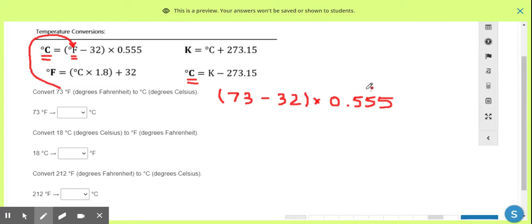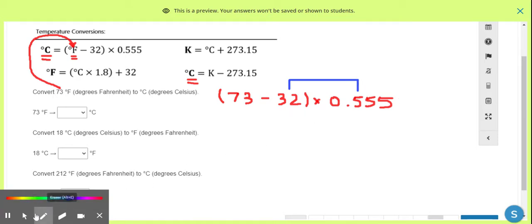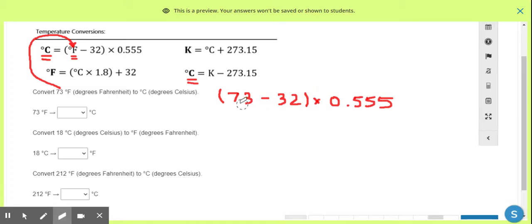It will see this multiplication sign if you just type in 73 minus 32 times 0.555, and it'll be like, I know order of operations, which means I'm going to take these two and multiply them first. And that's going to give you a different answer. We don't want that. We want to get this subtraction done first, and then we'll multiply later.